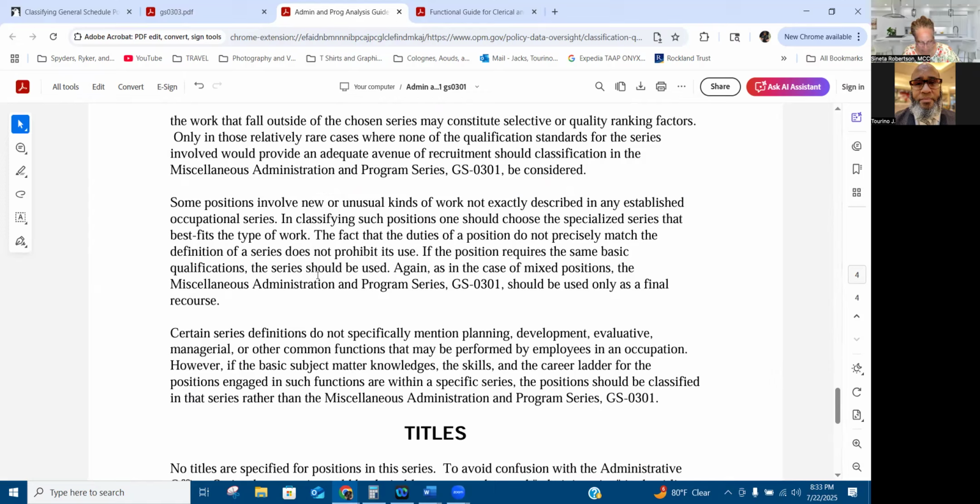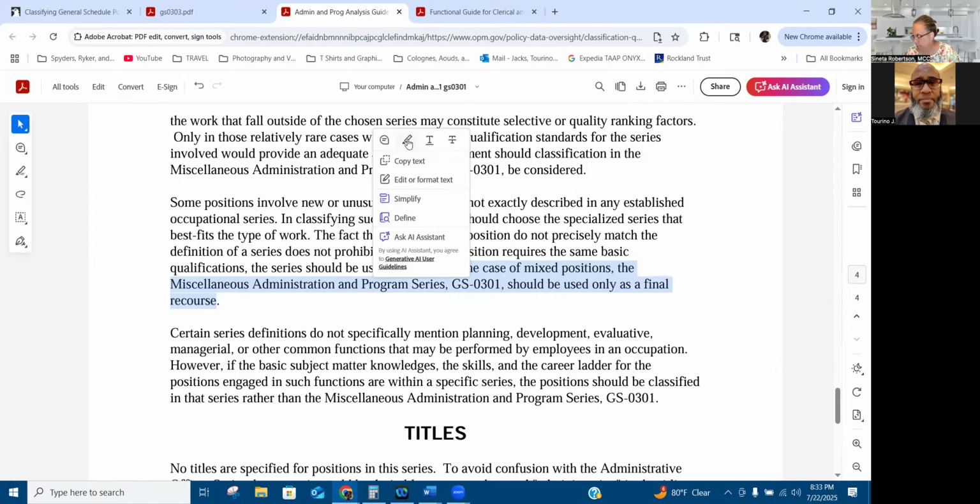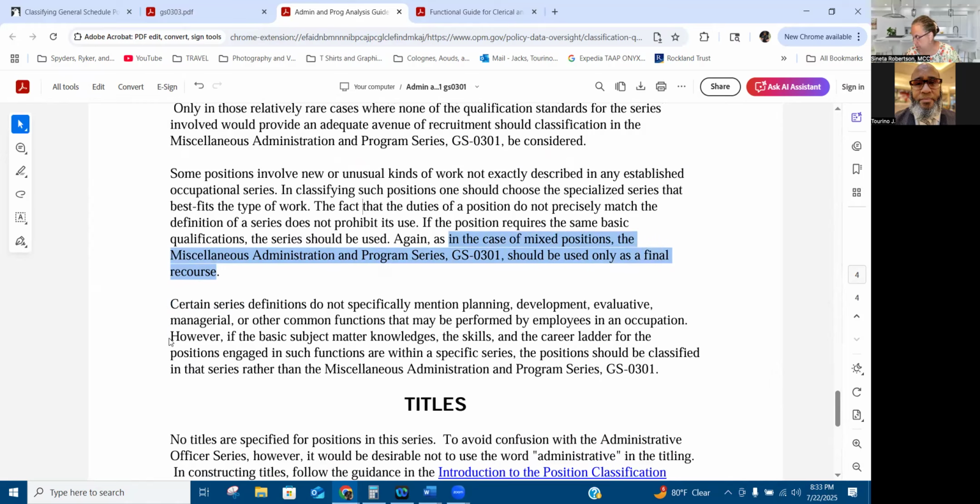Again, in the case of mixed positions, the miscellaneous administrative program series 301 should be used only as a final recourse. All right, so let me highlight that. So if we're stumped, then the 301 would be the one.